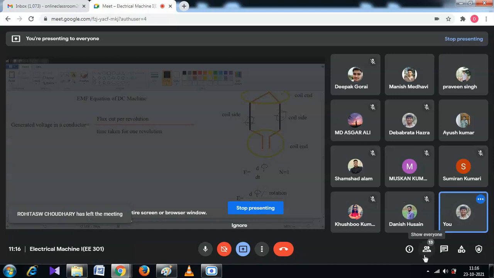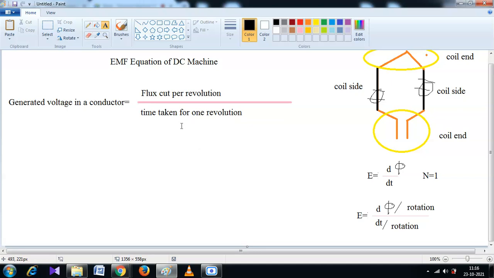Sir, pole. P is pole. Then tell me how much flux is cut in a revolution. How much flux cut per revolution? Can you tell me?